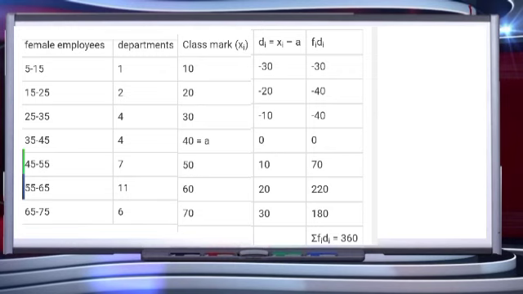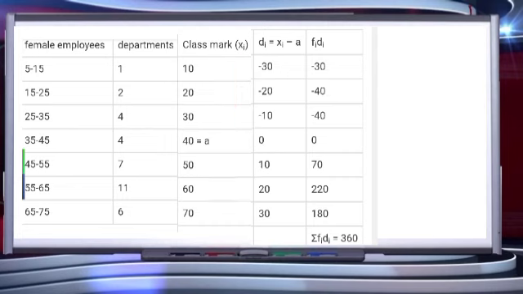In the very first row it is 5 to 15, so 5 plus 15 is 20, and 20 by 2 is 10. Next 15 to 25, that is 40 by 2, which becomes 20. Likewise we will calculate all the class marks and complete this column of xi.